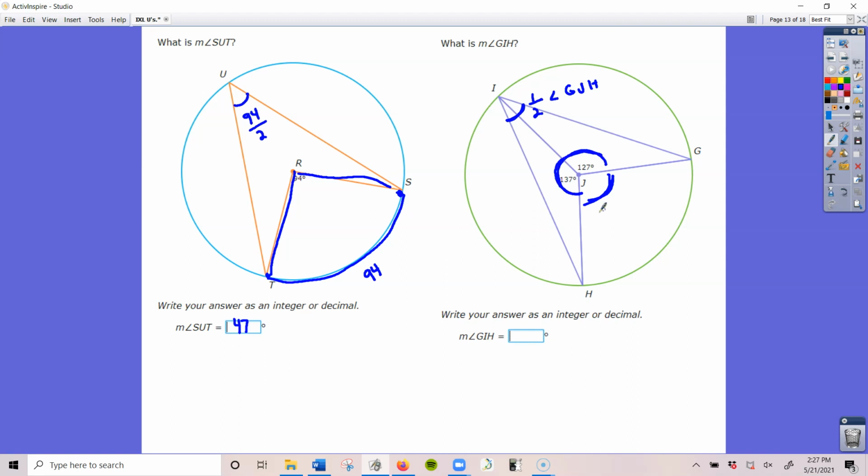So this creates a full circle. So we would do 360 minus 137 minus 127, and we get 96. So if this angle is 96, this angle is going to be half of that, which is 48.